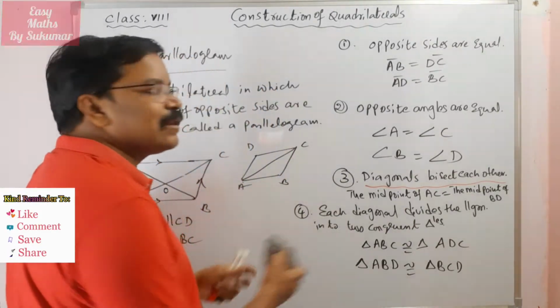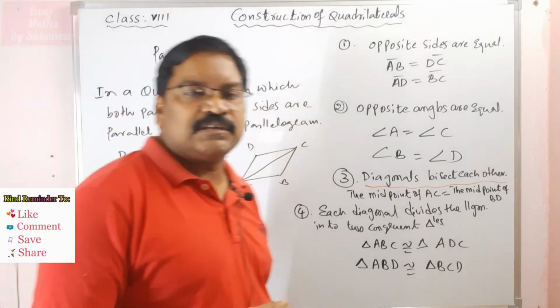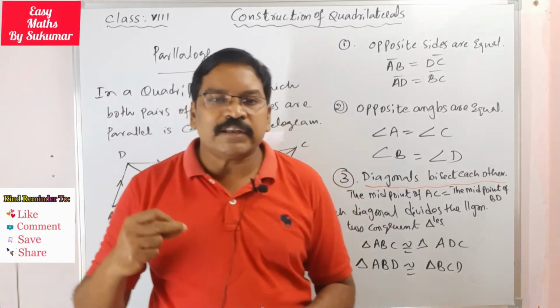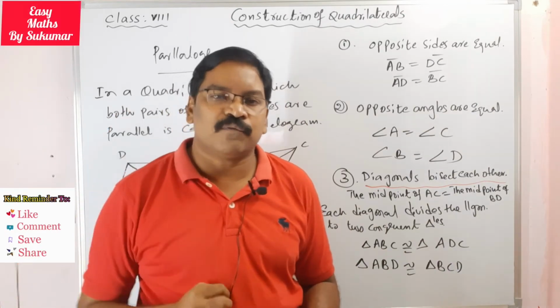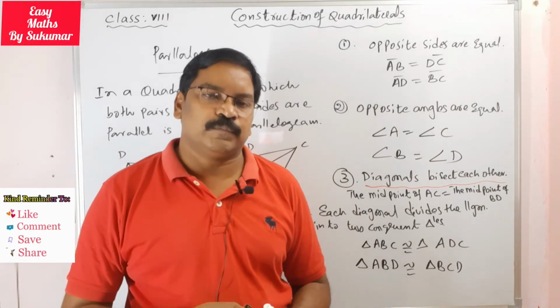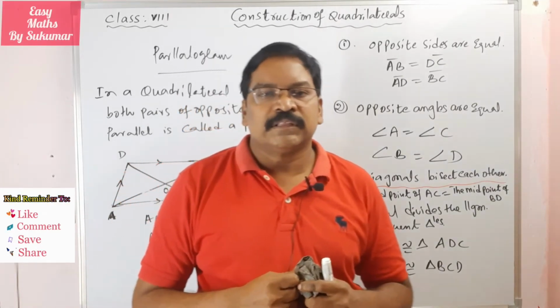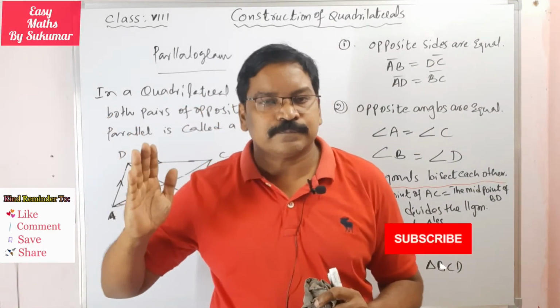Coming to the non-parallelogram, that is a trapezium. Here, how do you define a non-parallelogram or trapezium? Only one pair of opposite sides are parallel is called a trapezium. In the trapezium, the main important property is sum of the what?